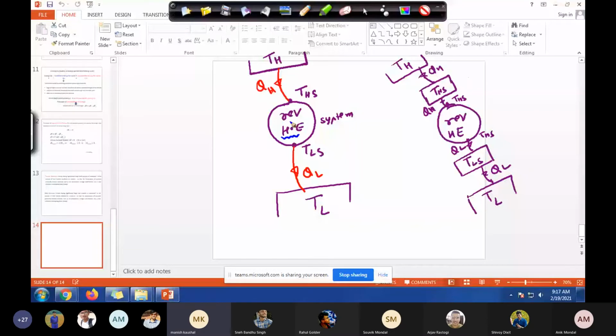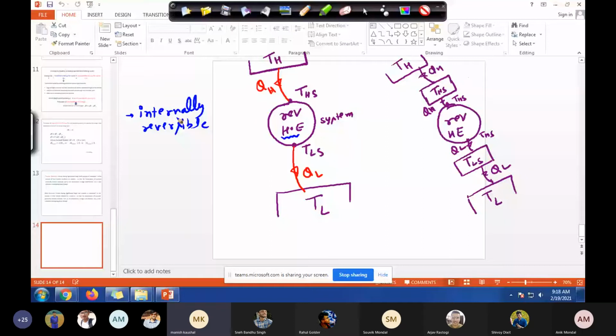Since you are saying this is internally reversible, can you tell me when an engine can be irreversible? What can be the sources? Friction, right? Or any kind of resistance to the movement of the cycle. So yes, there can be irreversibility, but here we are assuming it's working fine. So it's internally reversible.